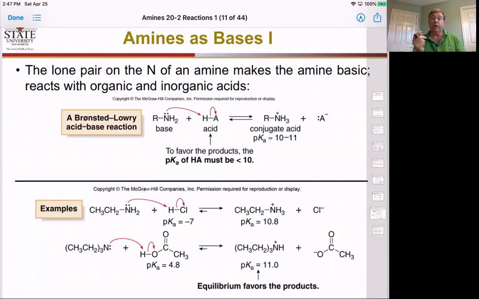So one equivalent got consumed to make the salt and one equivalent got consumed to make the amide. So the basicity of the amine is high enough to deprotonate both strong acids as well as carboxylic acids in most cases, especially if they're aliphatic.